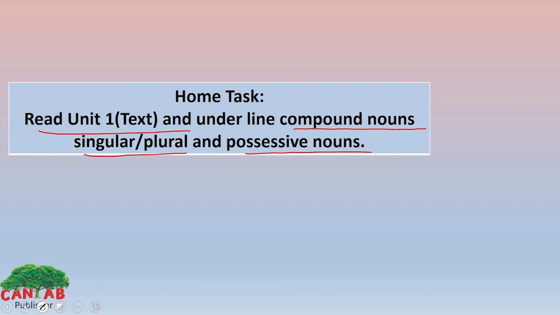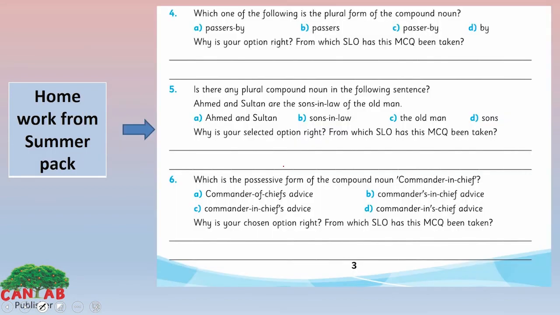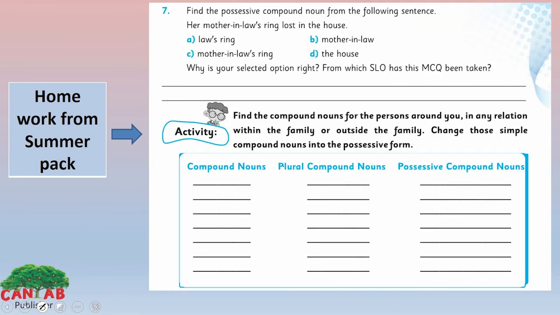You have to read the text of unit number 1, the comprehension, and underline the compound nouns, both singular and plural, which we have discussed in this lesson, and also the possessive nouns, the nouns which show possession and relationship or ownership. This is your homework from summer pack from page number 3. This is also your homework from summer pack, compound nouns, plural compound nouns, possessive compound nouns.